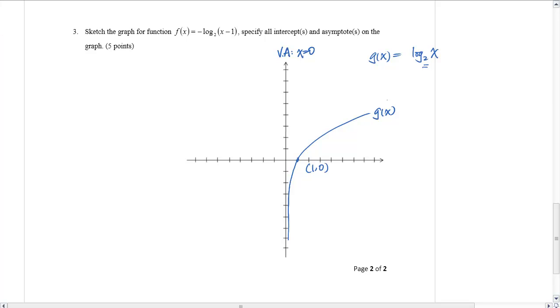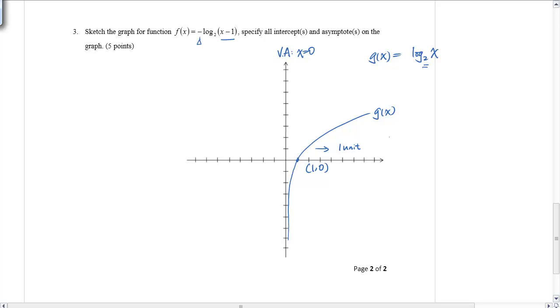Now we know that, first of all, we have x minus 1. This indicates a shift to the right by 1 unit. And then we have this negative sign, which indicates the reflection about the x-axis.